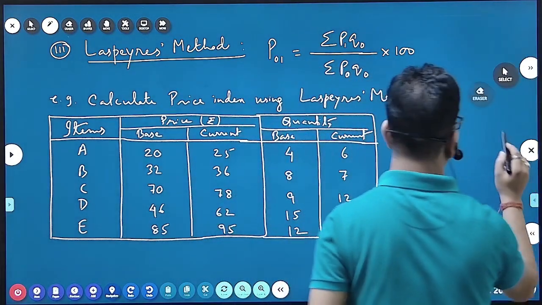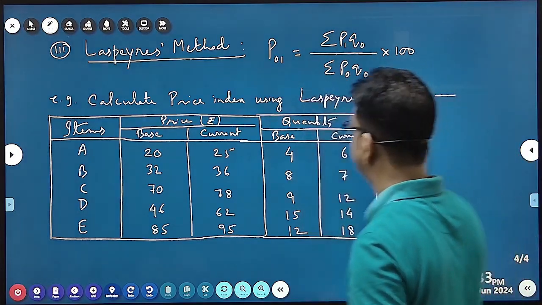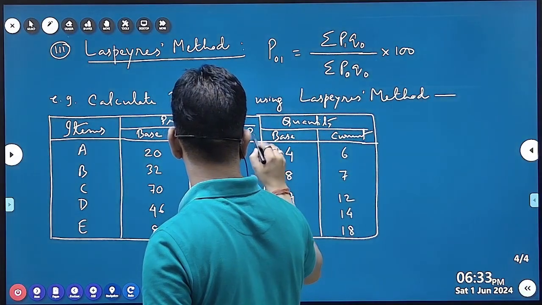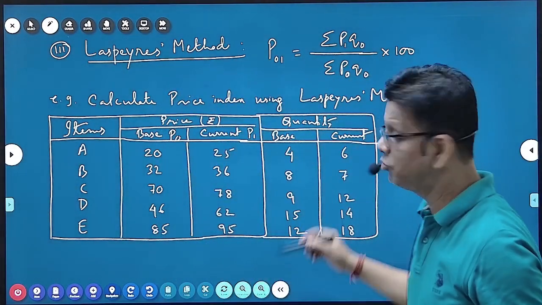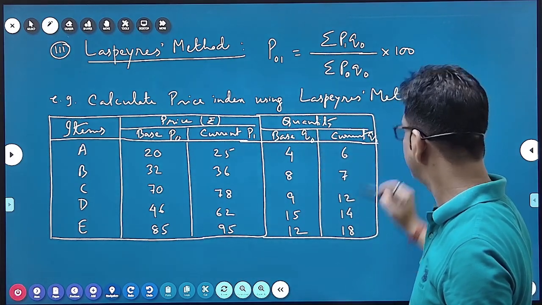You all know P0, P1. This is your base price, P0. This is your current price, P1. Base quantity is taken as Q0 and current quantity as Q1.